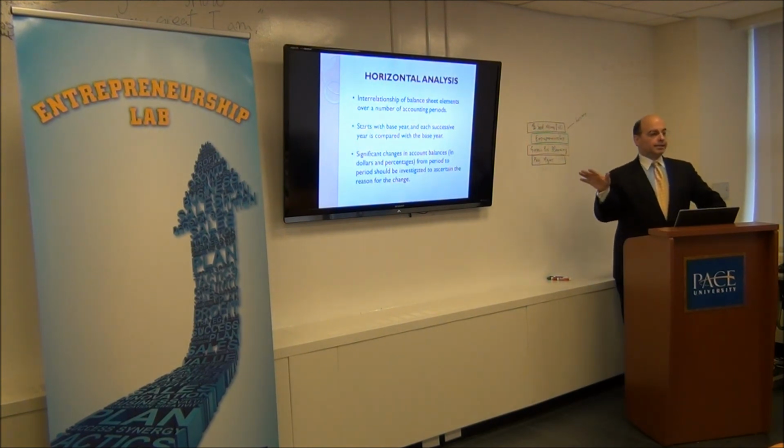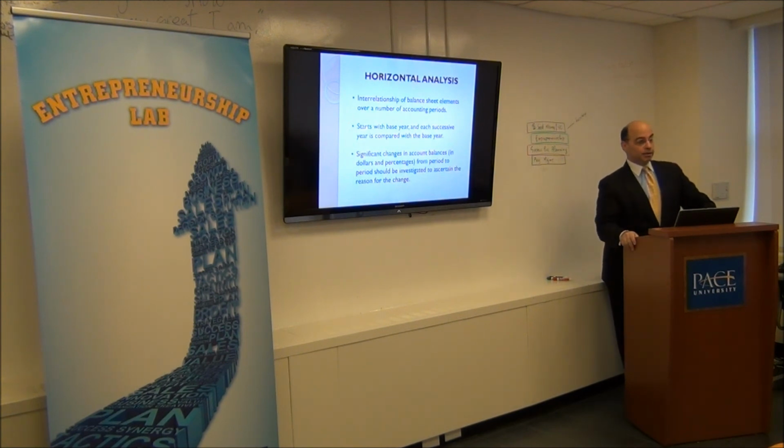Putting aside any seasonality, tell yourself what the change is. In the 10-Qs, they do management discussion and analysis, which is basically the company doing horizontal analysis. The change from quarter to quarter was due to X dollars and X percent, and due to the following factors. The change from year to year was due to the following factors.